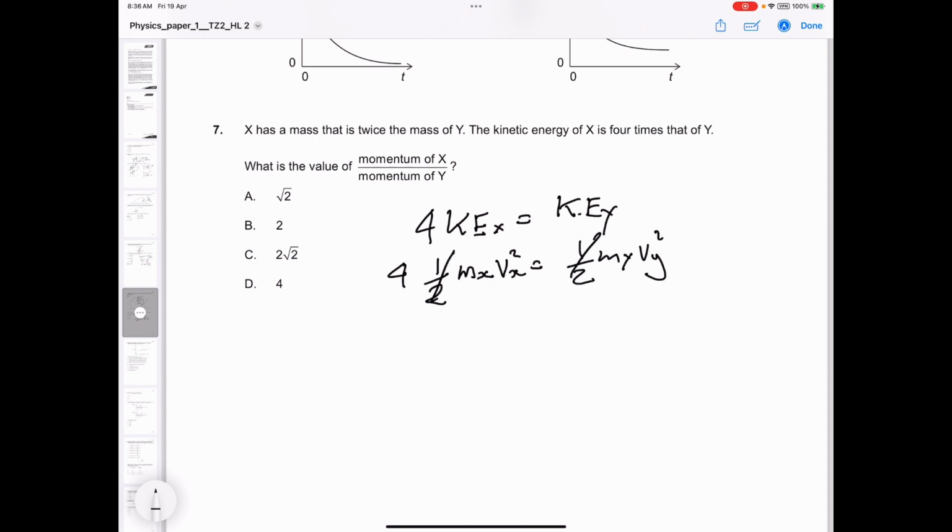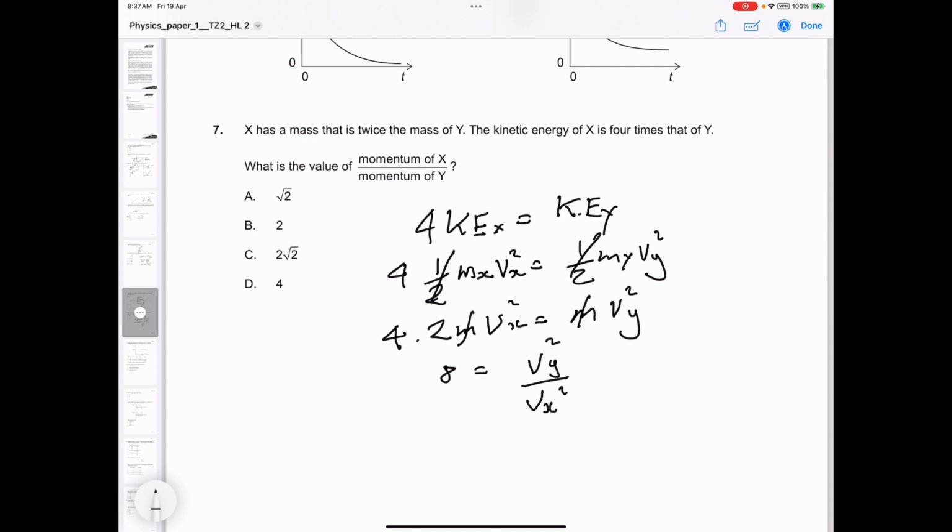So we can put that into our equation as well. So we can say then that 4 times 2m v_x squared is equal to m times v_y squared. So our m's will cancel here. So then we get 8 is equal to v_y squared all over v_x squared.